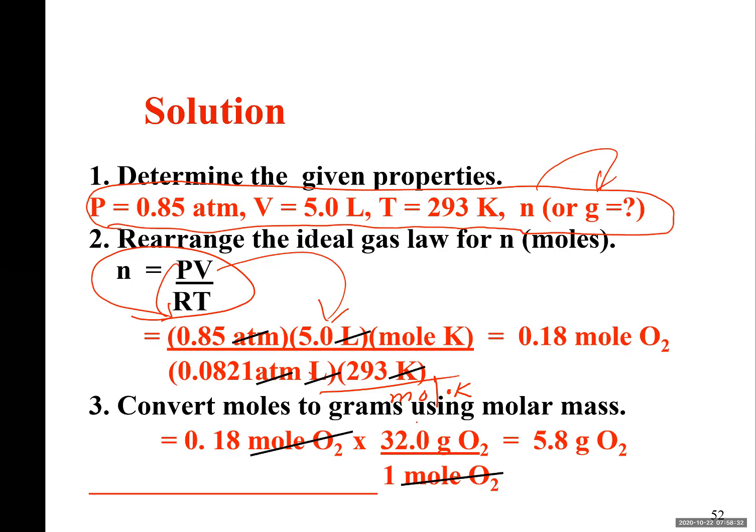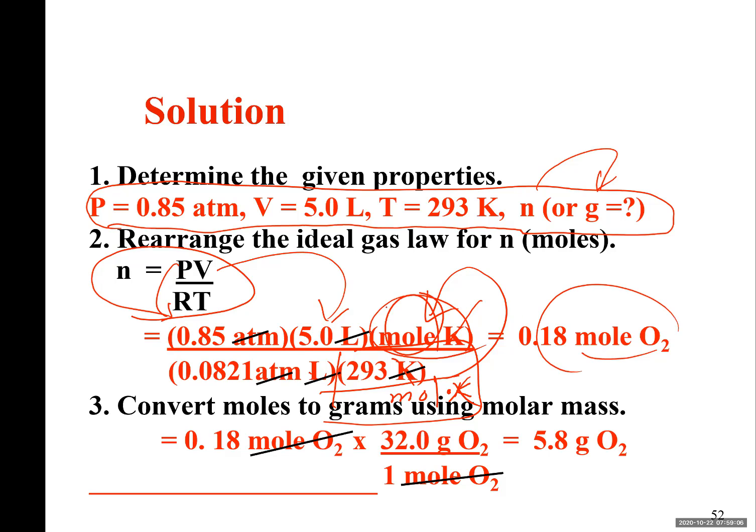So this is my constant R. I'm going to cancel this Kelvin with this Kelvin, and take this mole, because it's on the bottom of this ratio, to the top. That is where mole times Kelvin is coming from. The Kelvin is, of course, canceled with this. So the unit left is only moles on top, moles of oxygen. Do the calculation, you get 0.18 moles of oxygen.